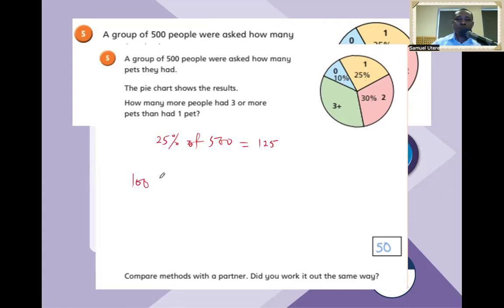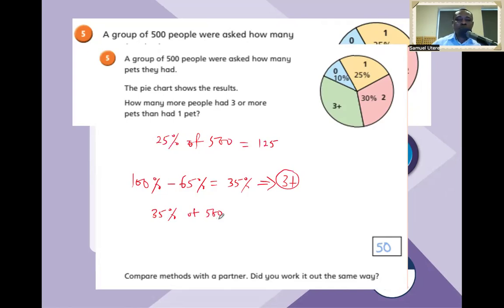So 100% minus 65%, which is 35%, represents those that have 3 pets or more. So let's work out 35% of 500.